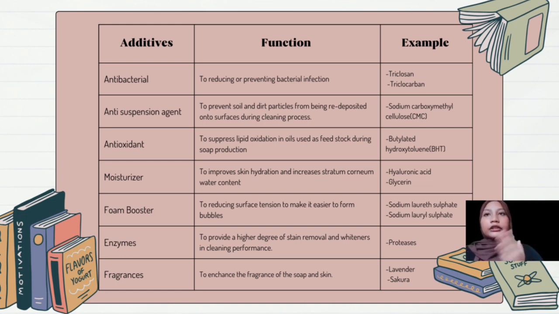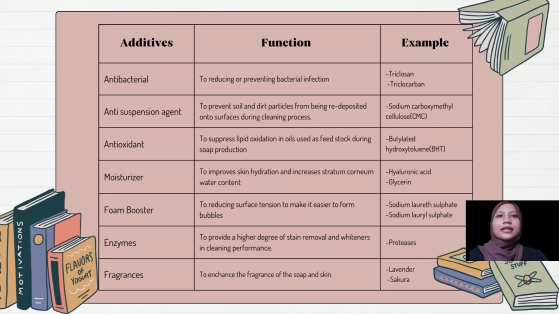First, antibacterial. Antibacterial function is to reduce or prevent bacterial infection. The examples are triclosan and trichlorocarban. Next is anti-redeposition agent, to prevent soil and dirt particles from being redeposited onto the surface during the cleaning process.